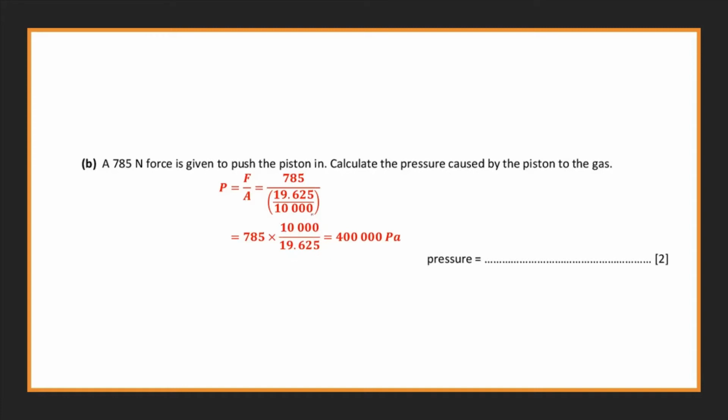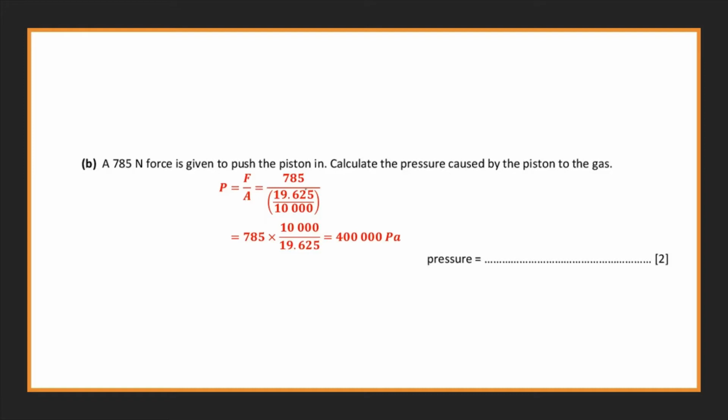This comes from this fraction flipped. The upper becomes the bottom, the bottom becomes the upper. Yeah? Use your calculator, then you will get pressure equals to 400,000 Pascal.